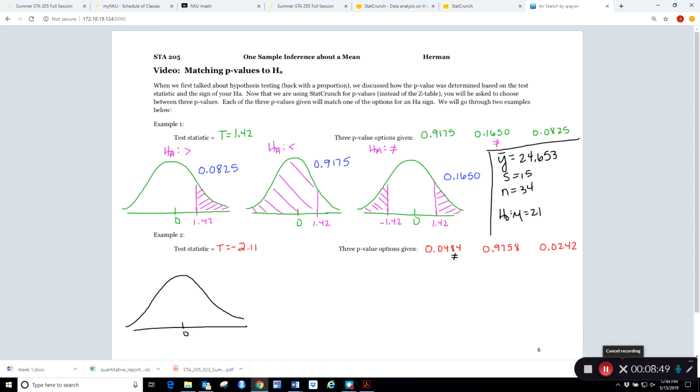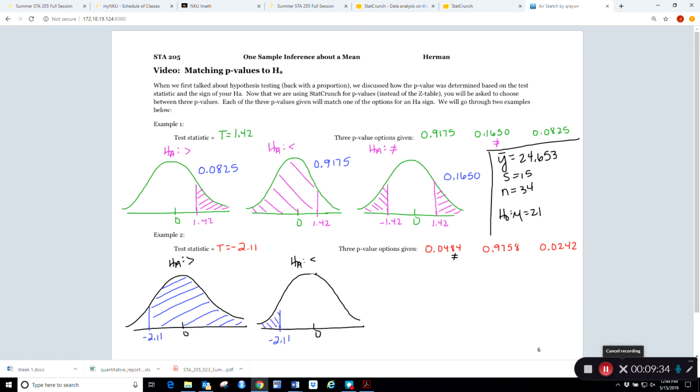So suppose, just as above, my first one I have for my alternative is a greater than sign. So I would take my test statistic, which is negative 2.11, and because of the greater than sign, I would shade to the right. If instead my alternative was a less than sign, I would shade to the left of our negative 2.11.